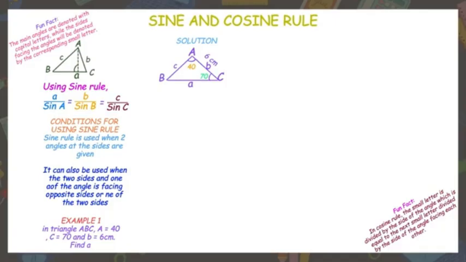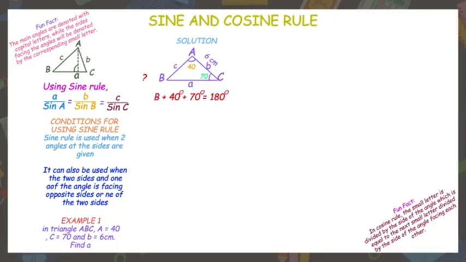So in using sine rule now, we cannot use sine rule without getting the last angle here. This is a triangle. How do we get this angle? We need to find this angle. By the theorem of triangle, that the sum of all the angles in a triangle is equal to 180 degree.